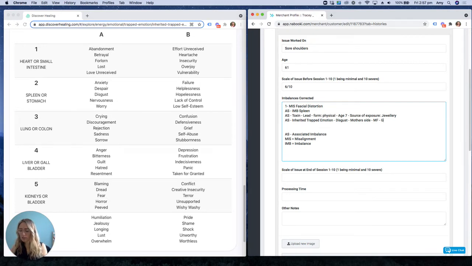So this originated on her grandfather on her mother's side. So a grandfather on her mother's side was originally experiencing the emotion of disgust, and then this was passed down onto Tracy.